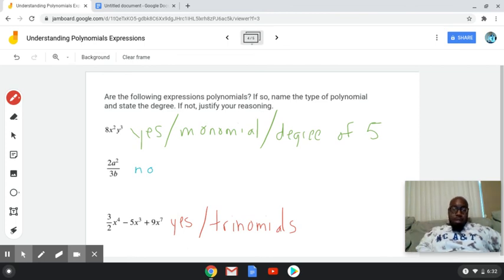Now that we know that it is a polynomial, and the type of polynomial is called a trinomial, what is the degree of this polynomial? You want to look for the term with the highest exponent. And this is a degree of 7. Degree of 7.